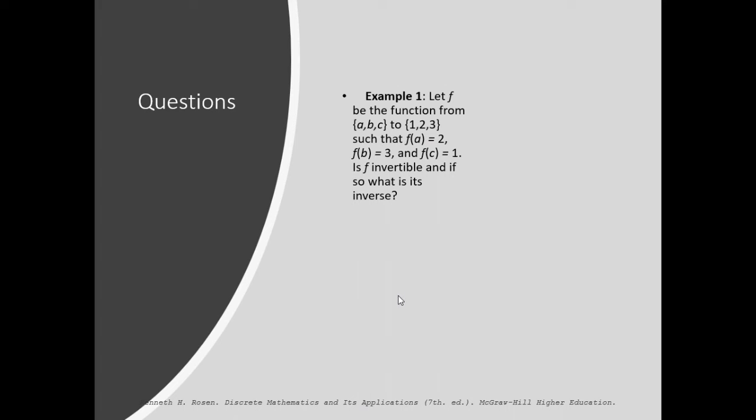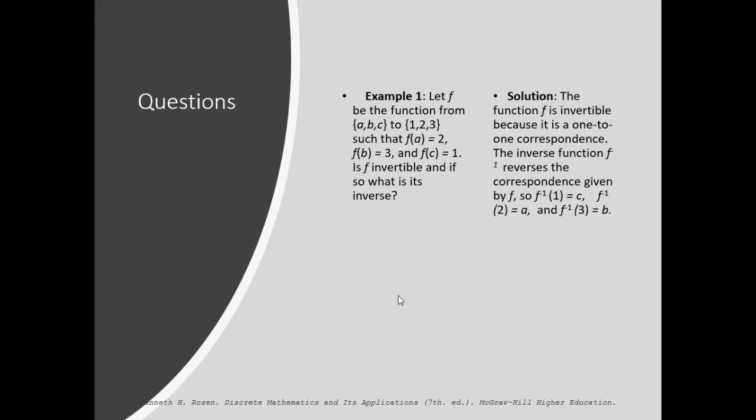Moreover, how many elements are there in the codomain? 3 elements, and each one is the image of a distinct element, and therefore an inverse mapping is possible such that f inverse(1) = c, f inverse(3) = b, f inverse(2) = a. So that is how the mapping is possible.